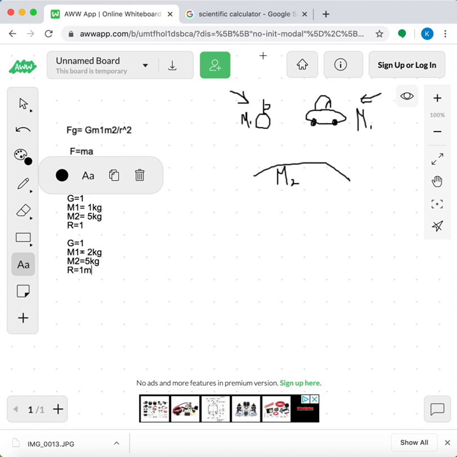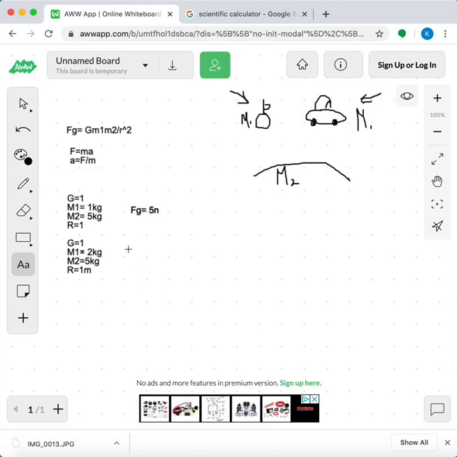So if I take those numbers and plug them into a scientific calculator, I end up with 1 times 5 in the first one divided by 1 squared. So for this first force of gravity between the apple and the Earth, my force of gravity ends up being 5 newtons.